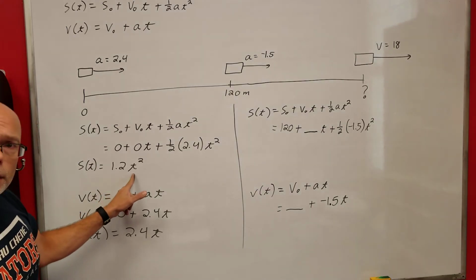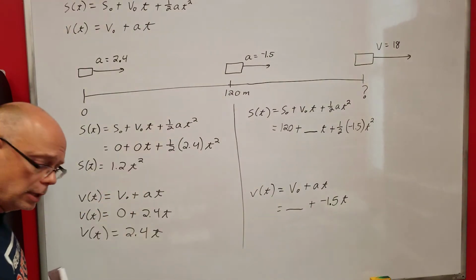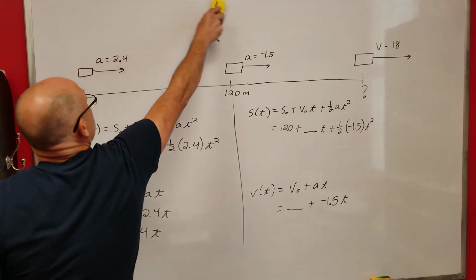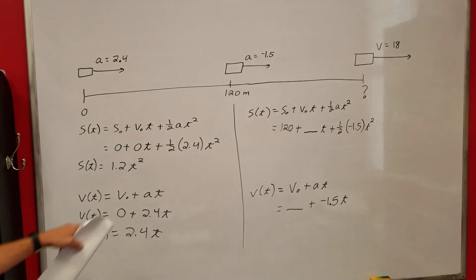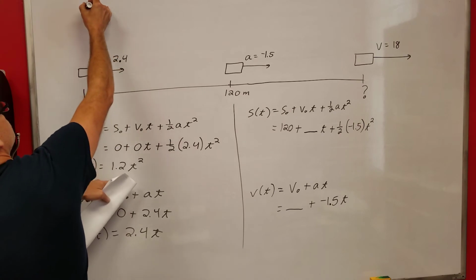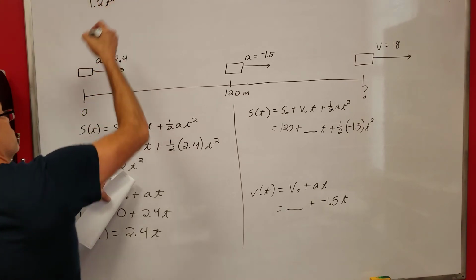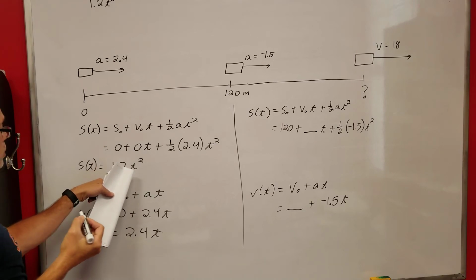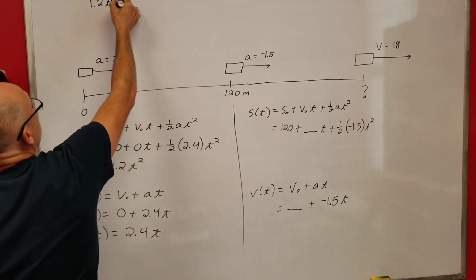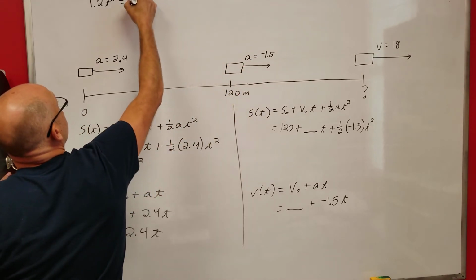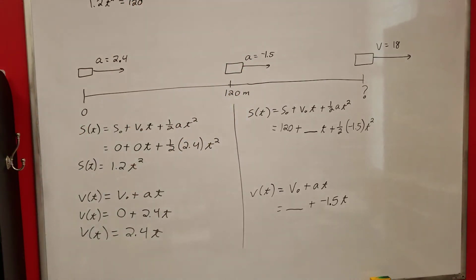And then I'll be able to solve for time? Yes, let's do so. So I'm going to take this position function, 1.2 t squared, and find out when it is equal to 120.